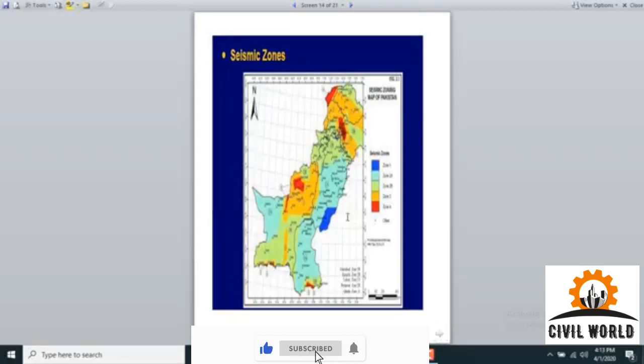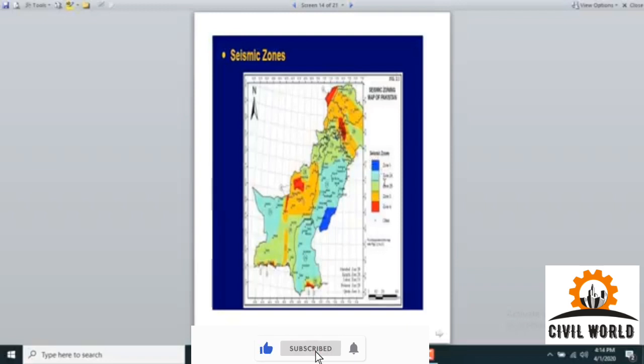In this slide, we can relate this seismic zone field, and we can convert this into various types of seismic zones. Now in this figure we can see the map of Pakistan, which has been converted into various seismic zones based on the geological studies and the data available to us.